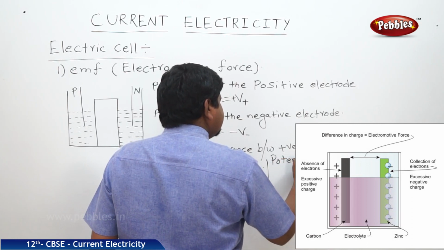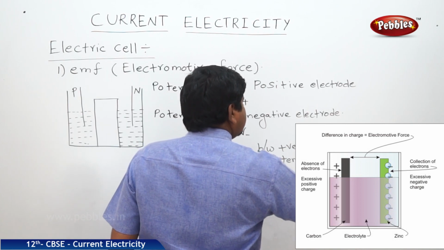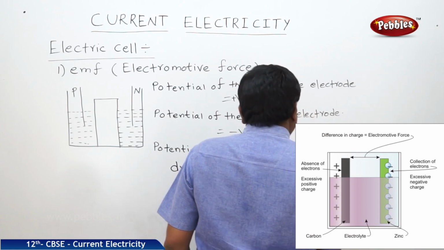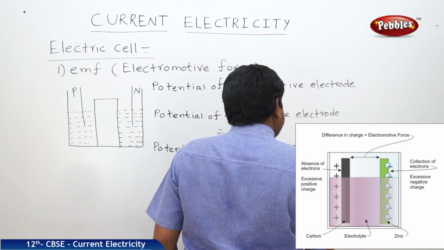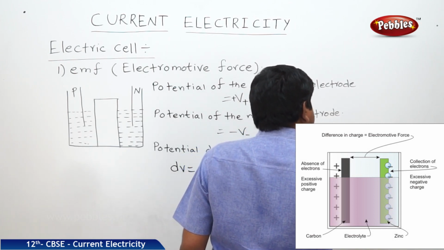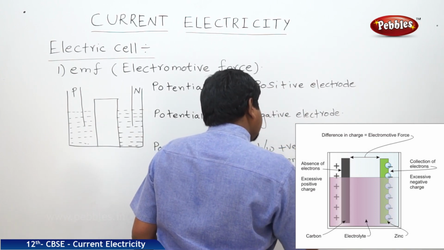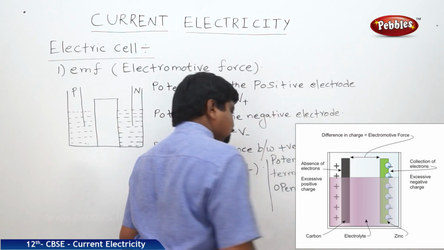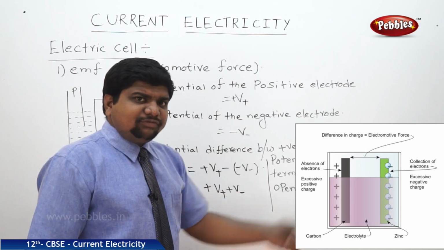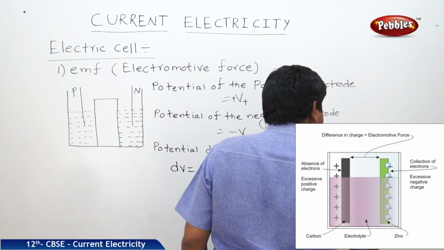The potential difference between two terminals of a cell in an open circuit. What is the meaning of open circuit? There is no current flowing through this.